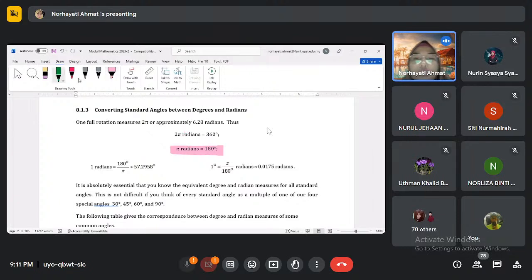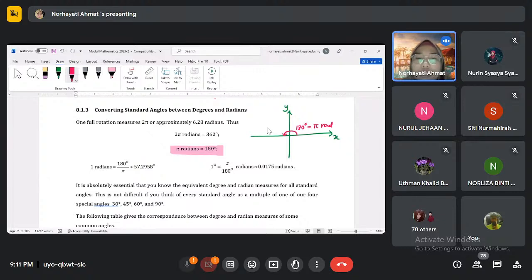So kalau kita lukis paksi, this is x axis, y axis. 180 degree is here. 180 degree also equals pi rad. So half of the circle, quadrant 1 and quadrant 2. So pi rad adalah sama dengan 180 darjah.